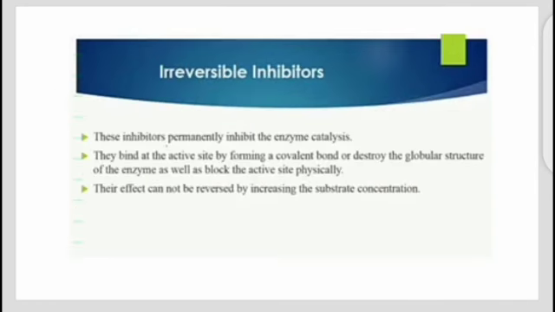The last and second type of enzyme inhibitor is irreversible inhibitors. Irreversible inhibitors permanently inhibit enzyme catalysis. They bind the active site by forming a covalent bond or by destroying the globular structure of the enzyme and blocking the active site physically.